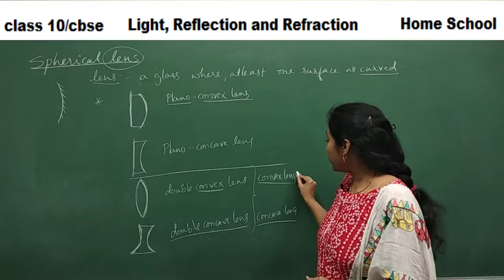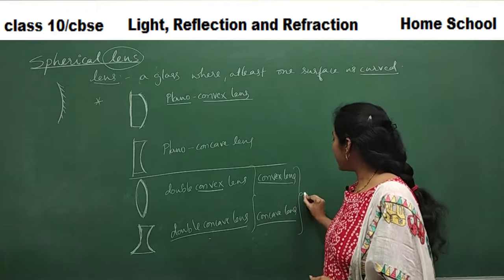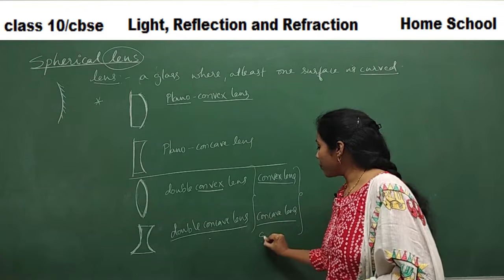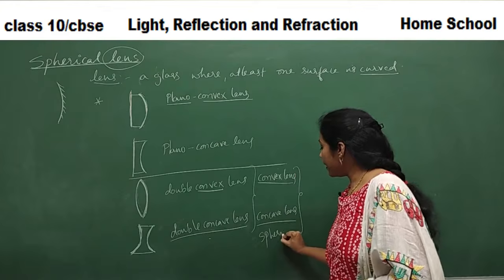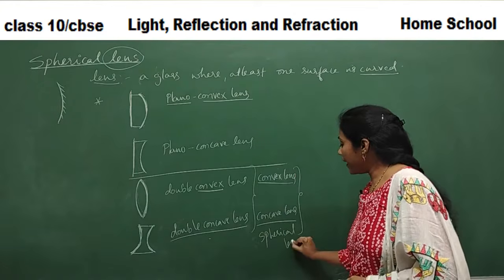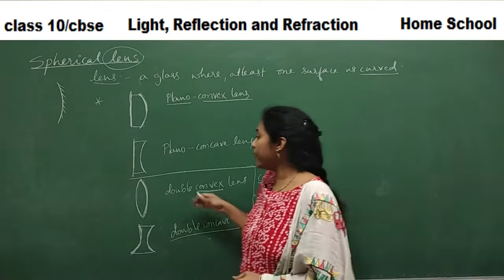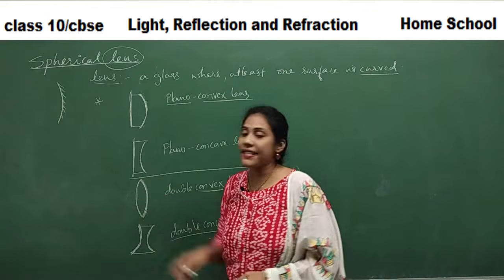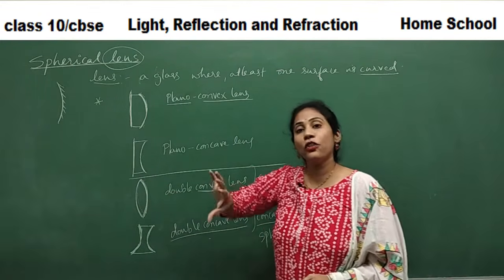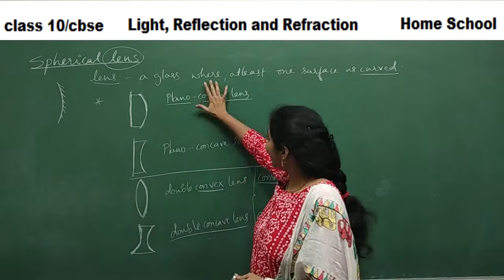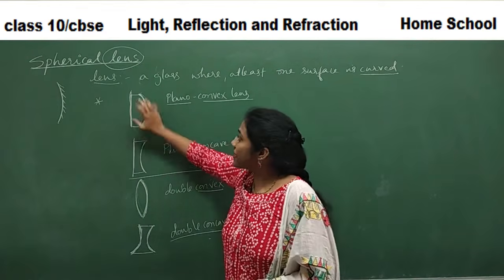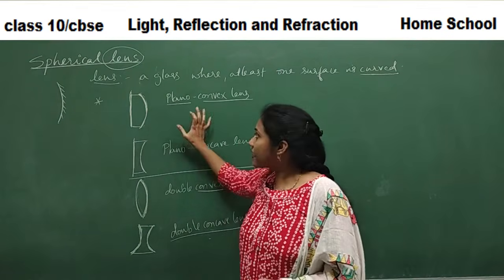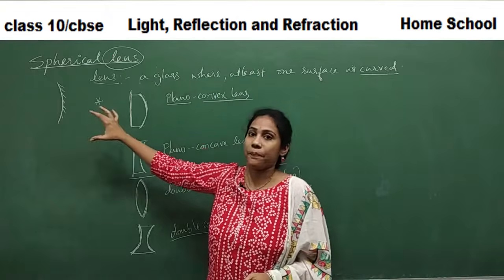Like this, these 2 are actually called as spherical lenses. What do we call them? Spherical lenses. Okay, because not even one side, here both the sides are curved. Okay, when do you call something as a lens? At least one side, among the 2 sides, at least one side is curved, you call that as lens.